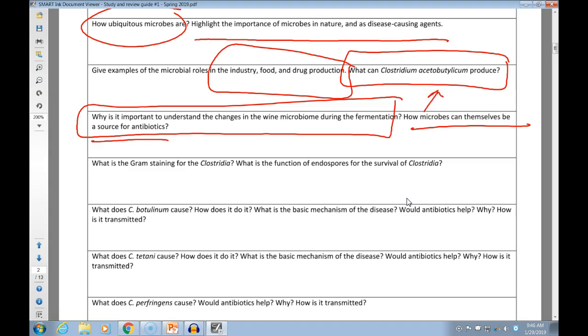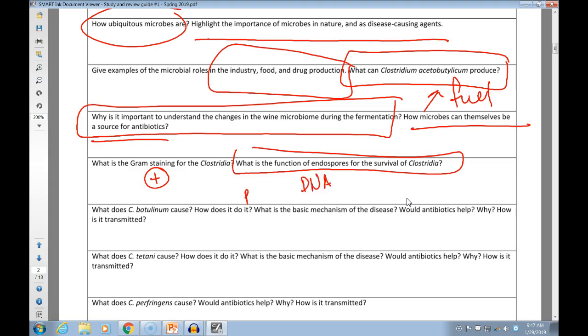Clostridium acetobutylicum produces fuel. Okay. So Gram staining for Clostridia, positive. Function of endospores, protection of DNA. Clostridium botulinum causes botulism.